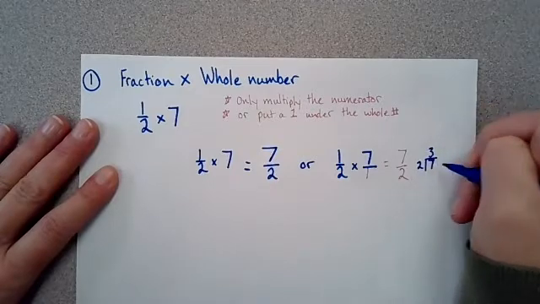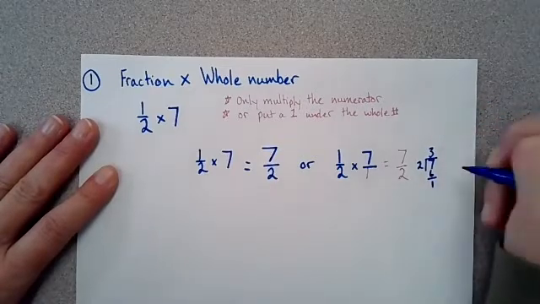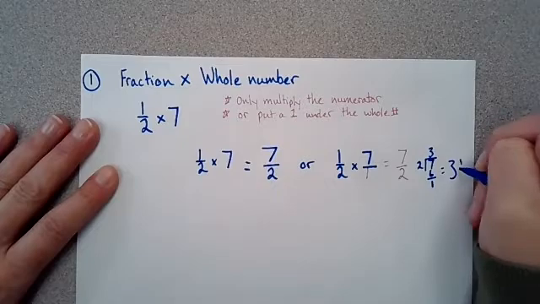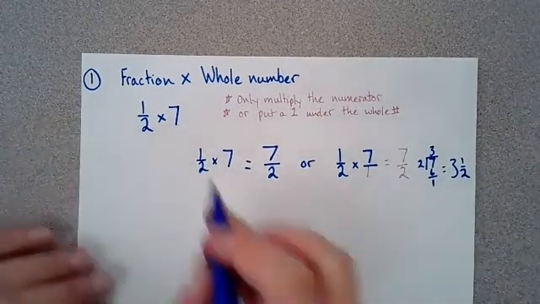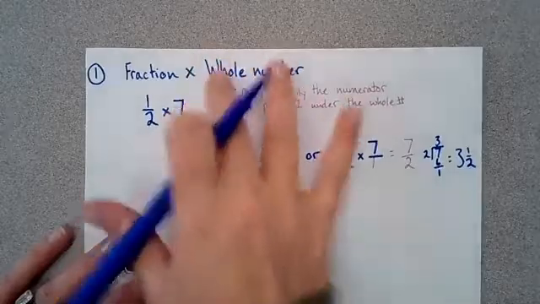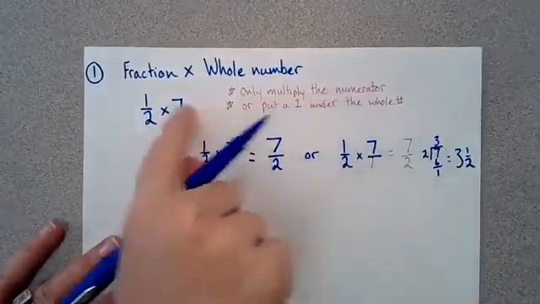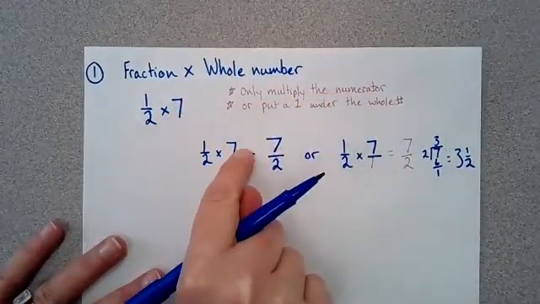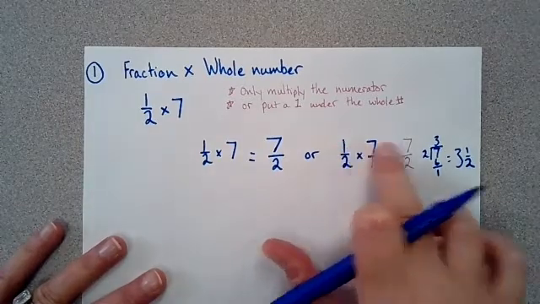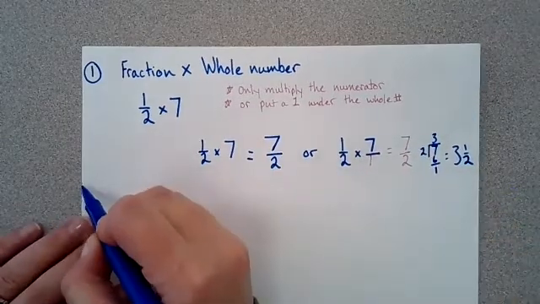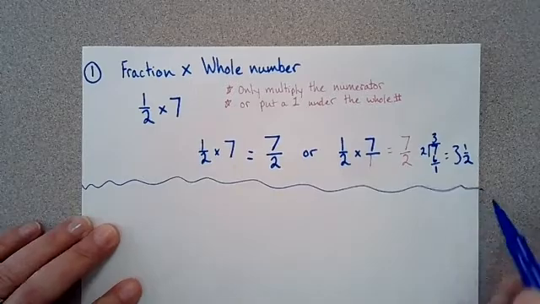It goes in 3 times with 1 left over, so that is 3 1/2. You cannot leave it improper. Okay, so that's the first way. That's if you have a fraction times a whole number, you can either only multiply the numerator, or you can put a 1 under the whole number and then multiply the numerator and the denominator. Okay, so that's way number 1.